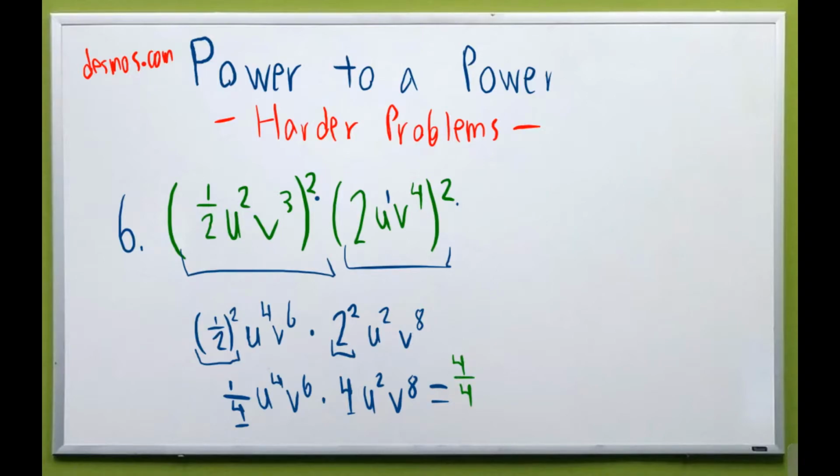So I'm going to leave it just as it is, because I could put a 1 here, but there's no point because anything times 1 is itself. Okay, u to the 4th power times u to the 2nd power is u to the 6th power, and v to the 6th power times v to the 8th power is v to the 14th power.